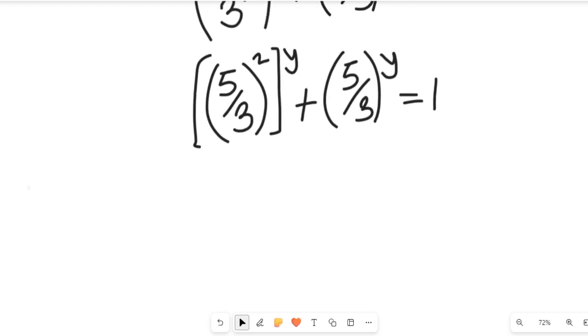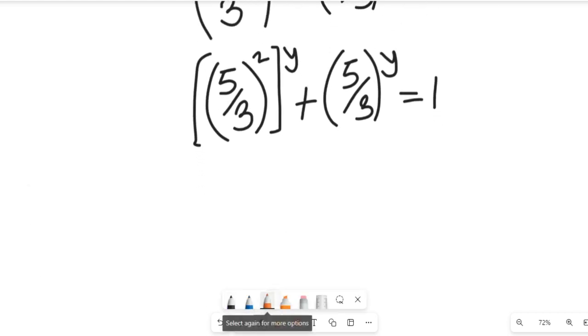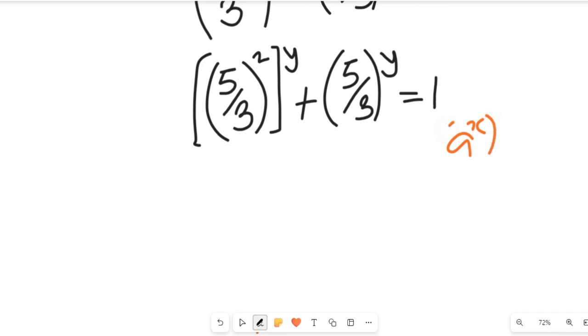So how do we simplify this? Recall that in the law of indices, if I have a to the power of x, multiplied by the exponent y, this can be equal to a to the power of y, multiplied by the exponent x.